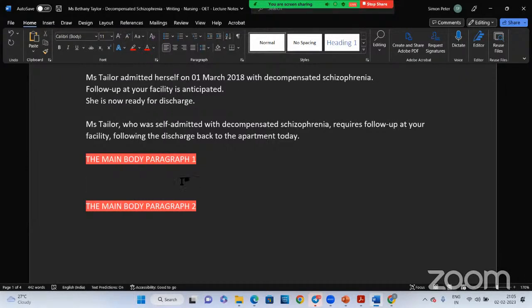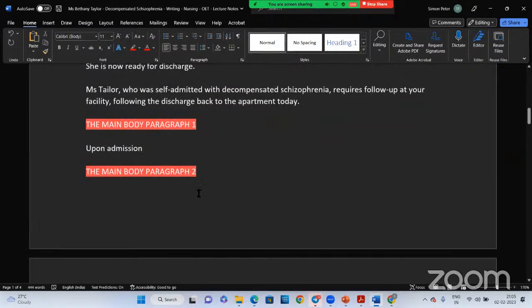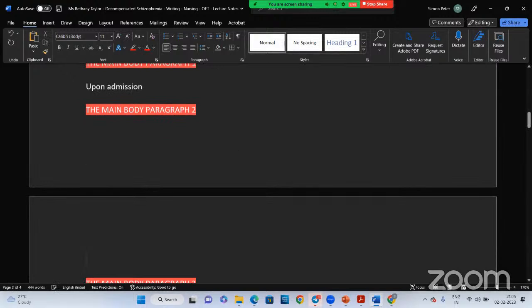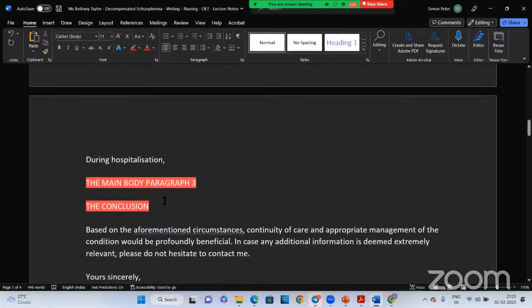Okay. So here you can say main body paragraph. Here you can write upon admission. So she was admitted, so upon admission, right? And the main body paragraph: she was in the hospital, during hospitalization. So upon admission, during hospitalization.